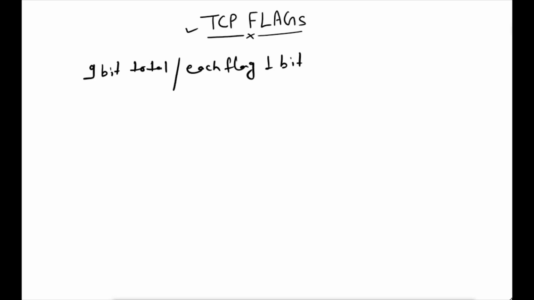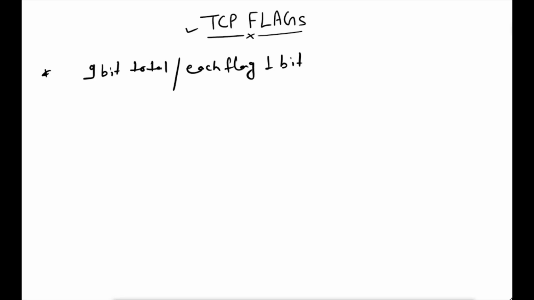Now let's see what the use of TCP flags is. TCP flags are used to notify a particular state during a TCP communication. They can also be used for troubleshooting purposes. This basically lets you know about the condition of the TCP traffic.